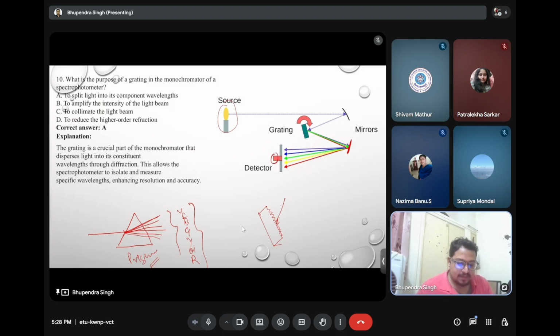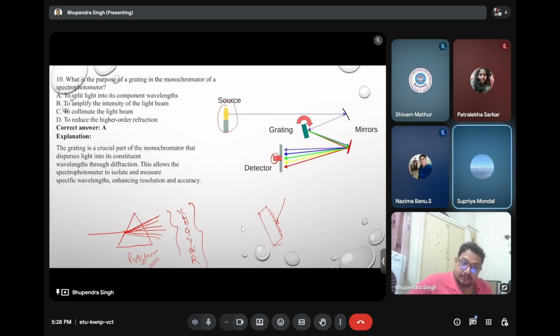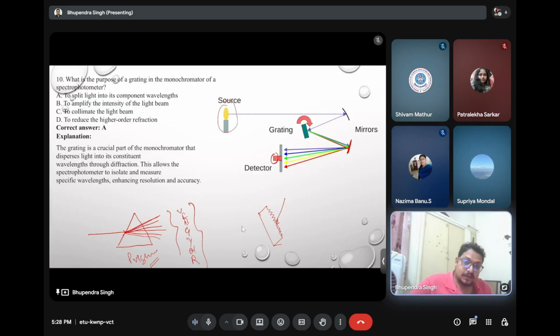This detector will then, according to the pinhole, or what does this pinhole mean? During your taking the data, yes, it can select only whatever wavelength you provide.